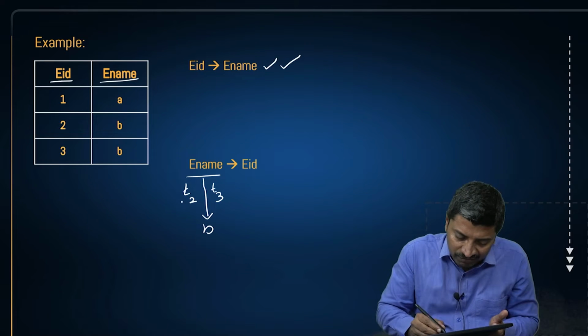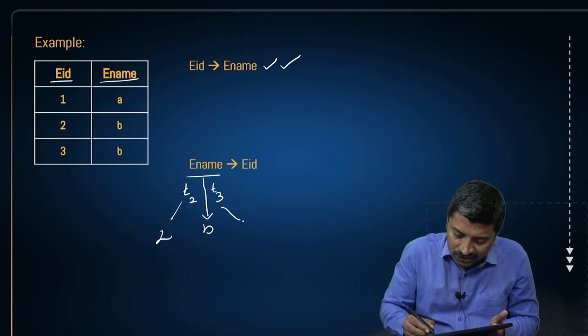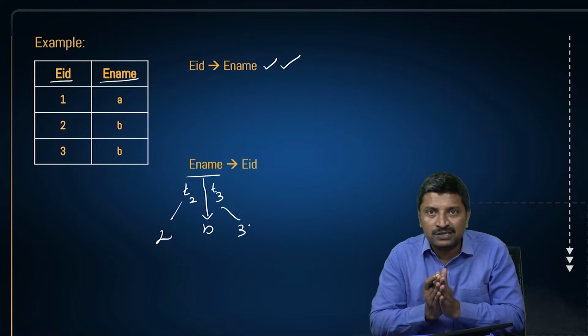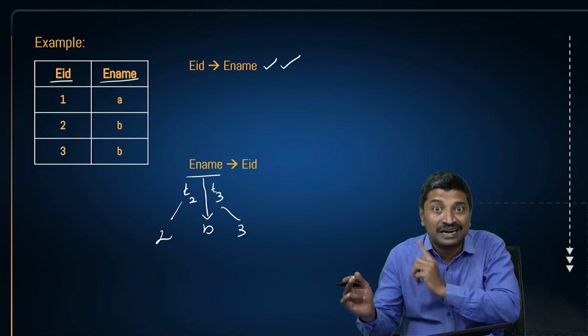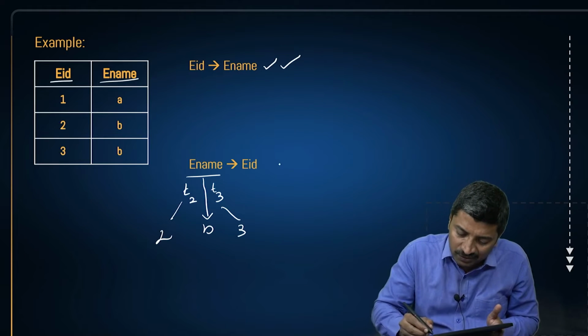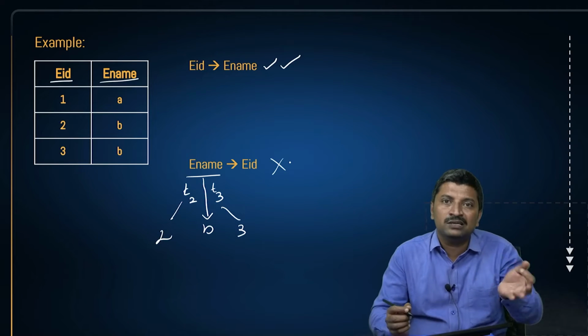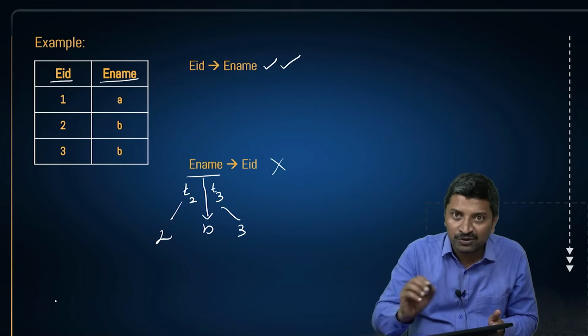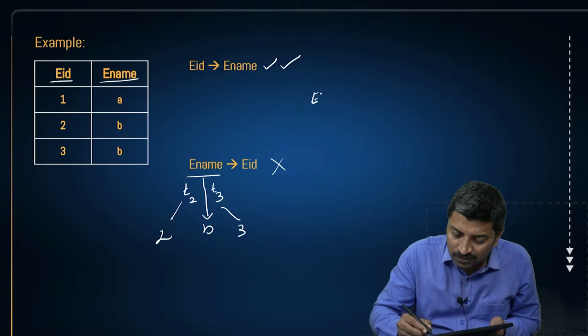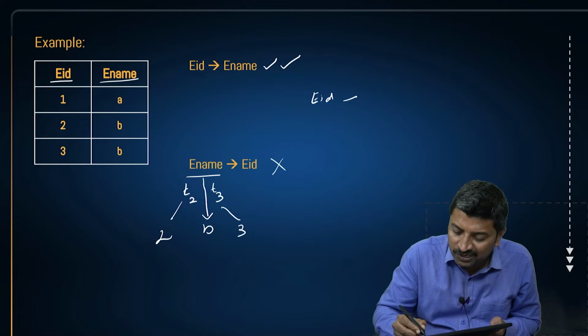The employee ID of T2 is 2 and T3 is 3. That means they are having same values for left hand side, but they don't have same values for right hand side. So this functional dependency doesn't hold on this relation. Is that clear, sir?